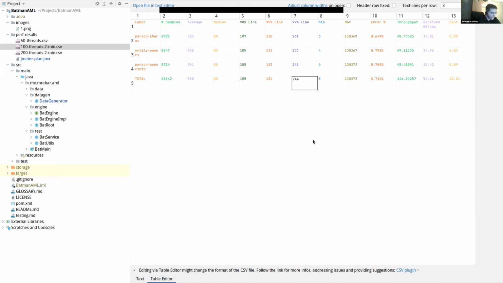I really made some mistakes with the memory model, and we have these awful spikes when the garbage collector has to terminate everything and clean up all the unnecessary entities which I created along the way while calculating the path. But even without those, the median speed is very good, like 80 milliseconds. It's lightning fast.